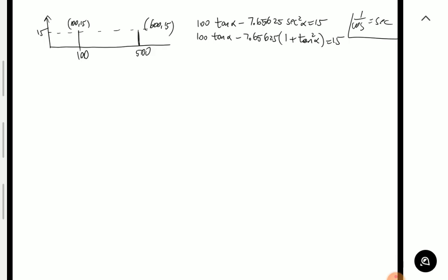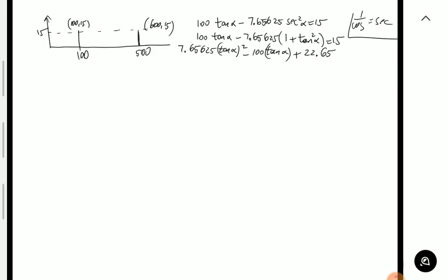So basically it all boils down to a quadratic in tangent of alpha. If you rearrange the terms here, you can write everything as a single quadratic equation in tangent of alpha, like that, and then the constants combine into 22.65, if I did this correctly.